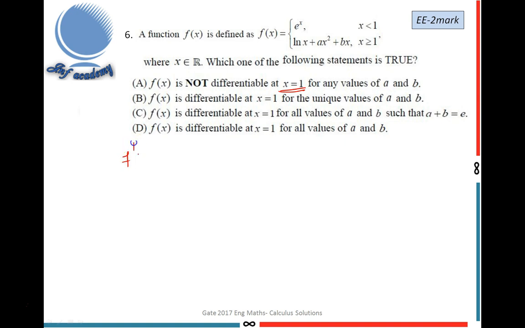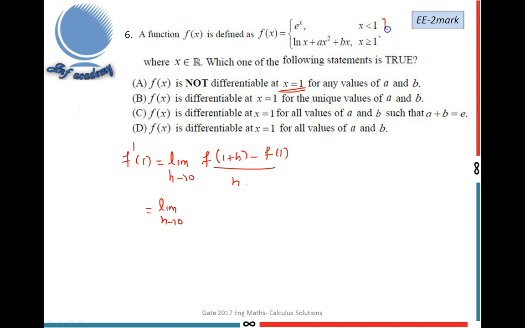Here I have to check whether f of x is differentiable at x equal to 1. So I take f dash of 1. This is the definition of derivative: limit h tends to 0, f of 1 plus h minus f of 1 divided by h. f of 1 plus h means e power 1 plus h. This is a piecewise function, so there are two conditions, h less than 1 and h greater than 1.